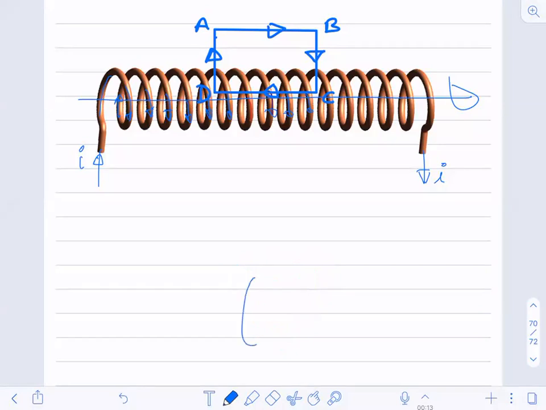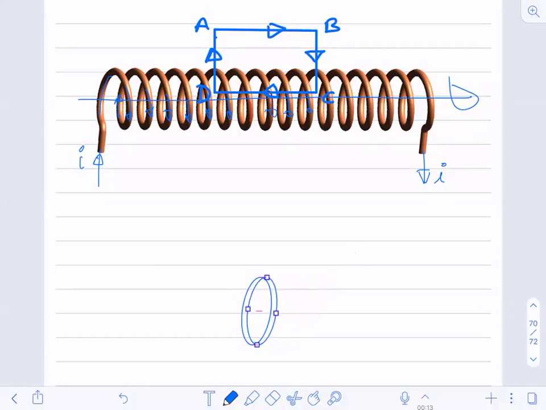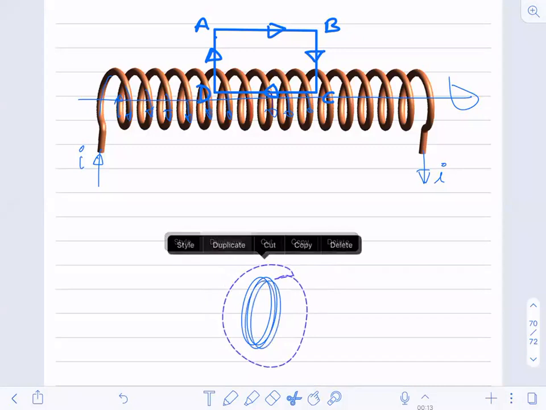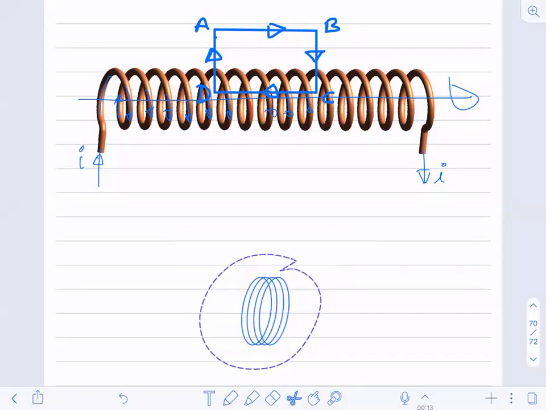What I'm trying to draw over here is, if this is one loop, suppose, and this is another loop, and this is another loop like this.